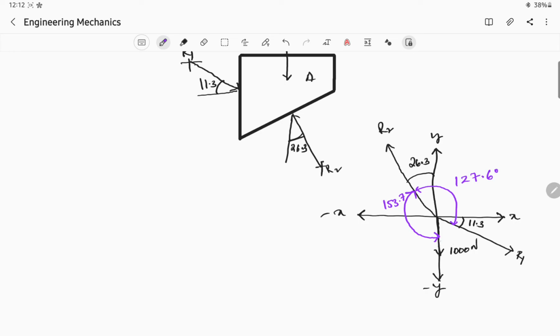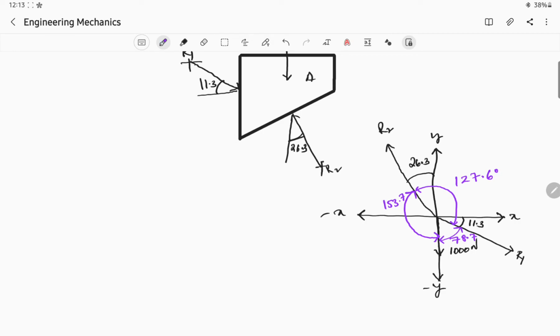Now the angle between the 1000 Newton weight and R1 is 90 minus 11.3, which is 78.7.